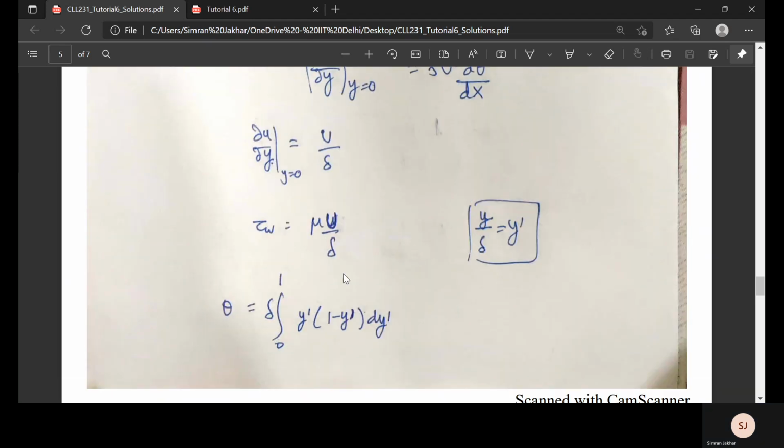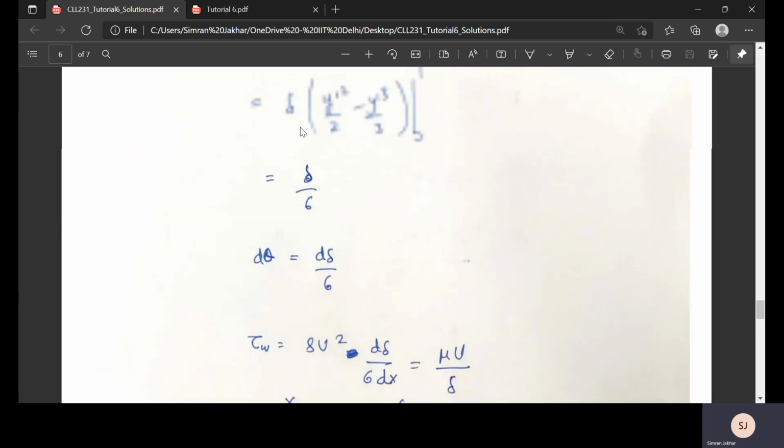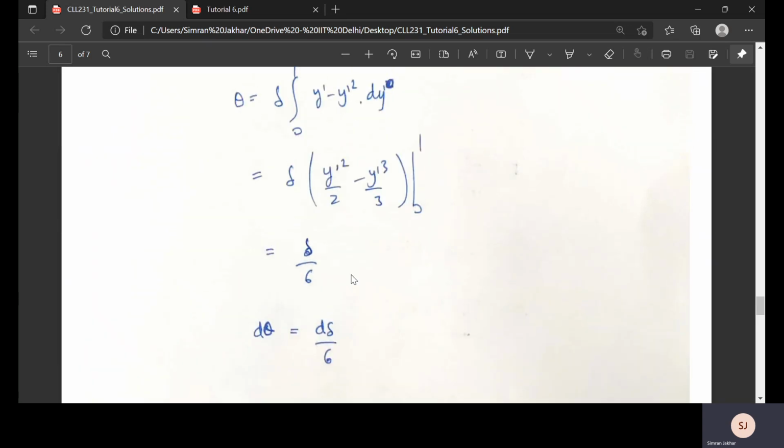And similarly writing theta as the integral of y dash times 1 minus y dash d y dash, here the integral limits will change from 0 to 1 after we substitute y by delta equals y dash, and theta will come out to be delta by 6.